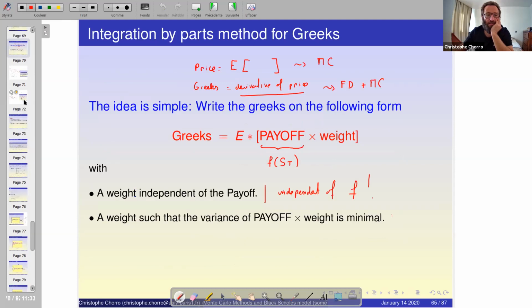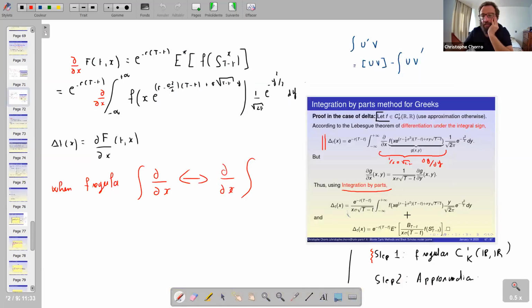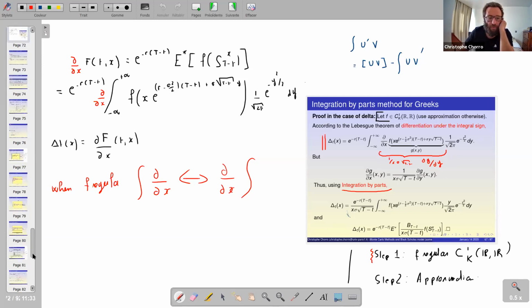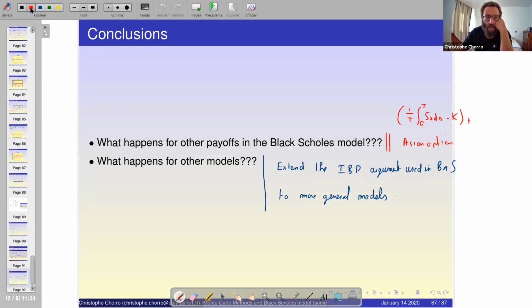Where is it? Yeah, this one, a classical integration by part argument that it is possible to do because in the Black-Scholes model, I know everything. I have the density of the risky asset, so I can use explicitly all the things. If I use a more general model where I can't use this kind of explicit computation, how do I extend my argument of integration by part? This is one of the aims of what we are going to call Malliavin calculus.